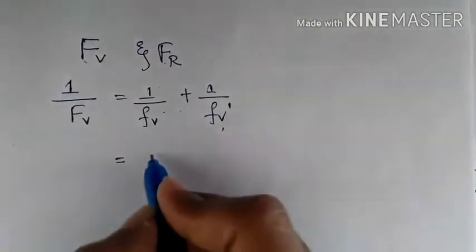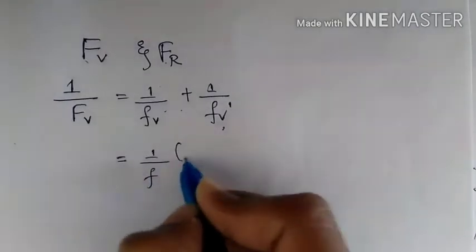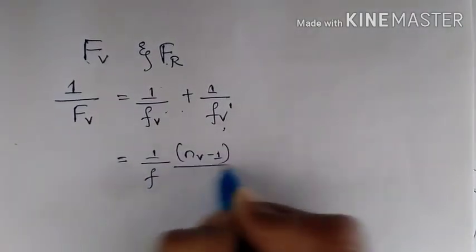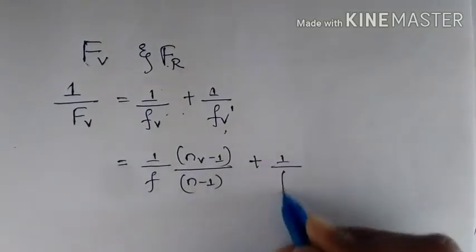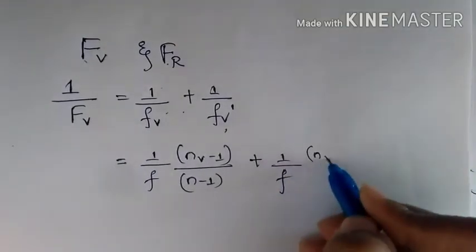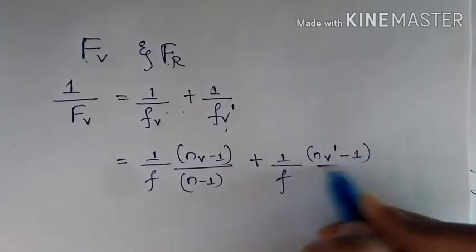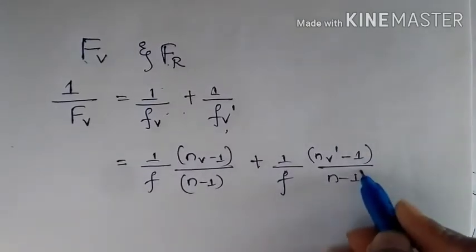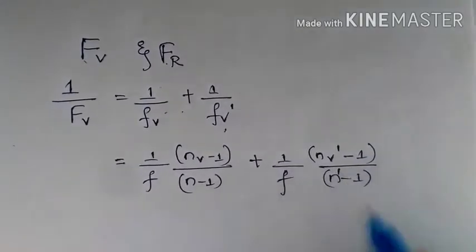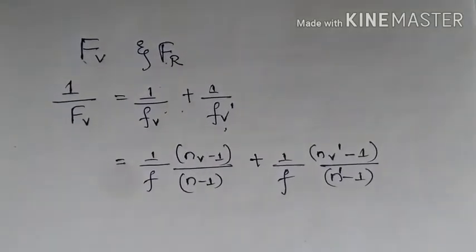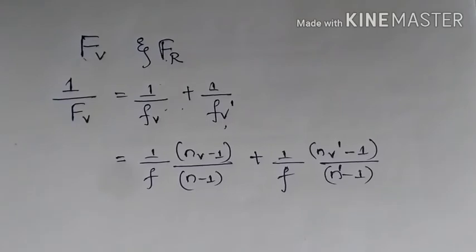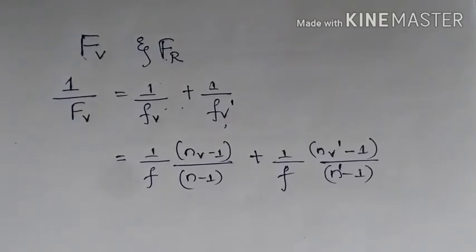So 1 by FV is what? 1 by f times (Nv minus 1) divided by (n minus 1) plus 1 by f prime times (Nv prime minus 1) divided by (N prime minus 1). So thus I wrote from the equations that we have already done for 1 by Fv and 1 by Fv prime.